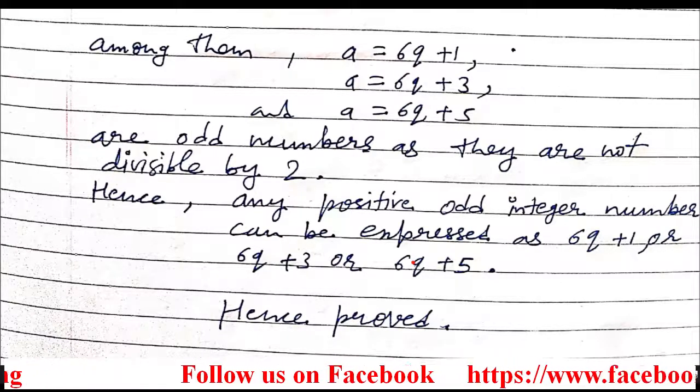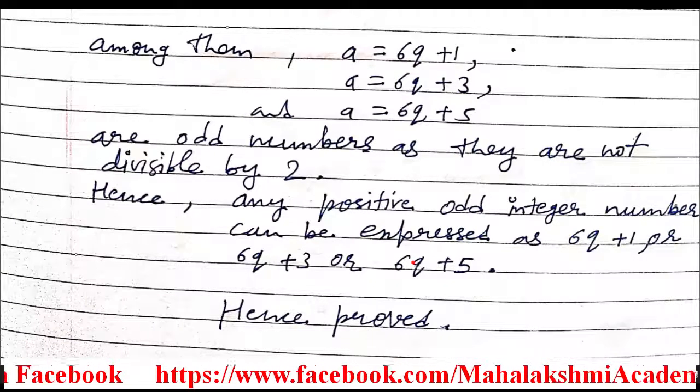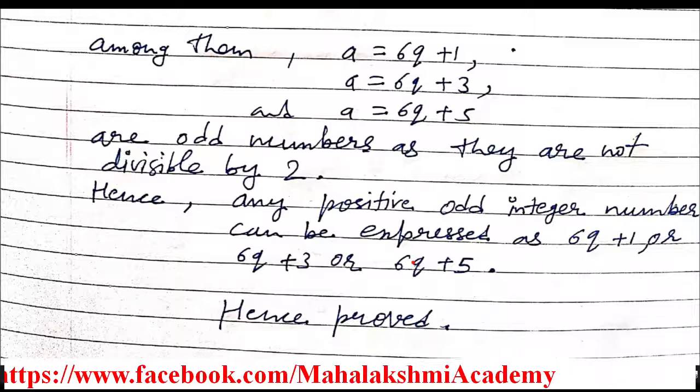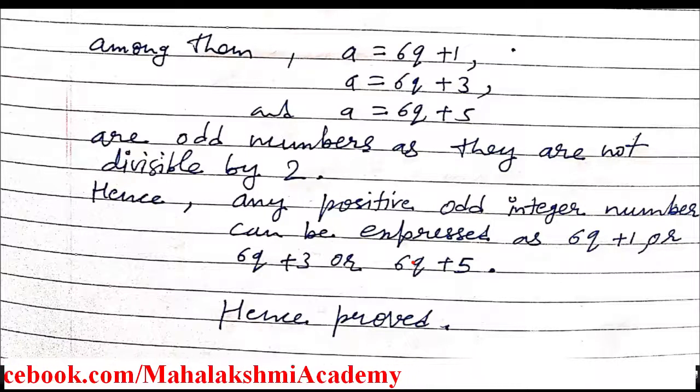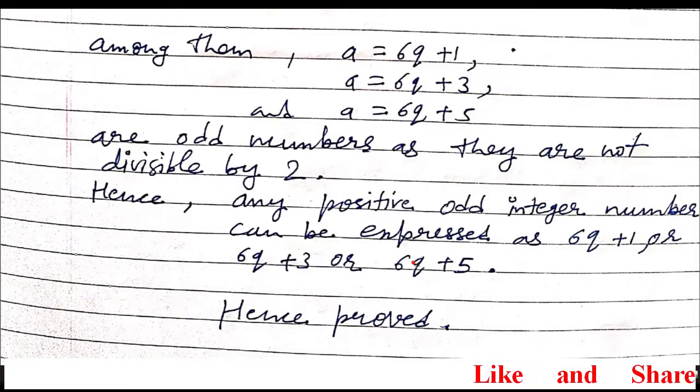The most difficult condition for any student is to select what b is going to be. Here it's very simple: according to the question, you just assume b as 6. Further, if you have any doubt, you can write in the comments so that I can clear it up. Thank you.